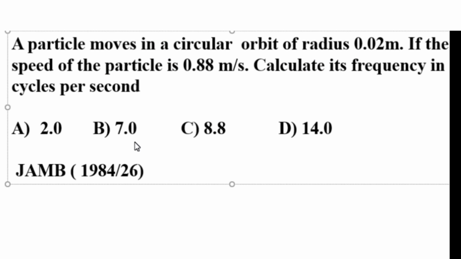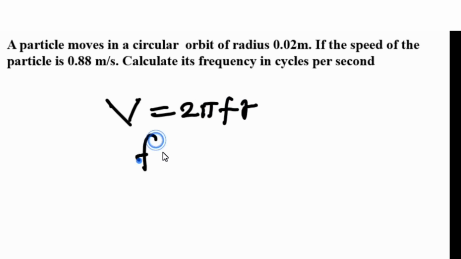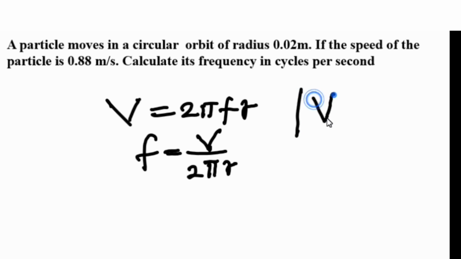In this problem, we are meant to calculate the frequency in cycles per second. So we have now found a formula that will assist us, which says that v equals 2 pi f r. Making f the subject of the formula, we have that f is v upon 2 pi r.